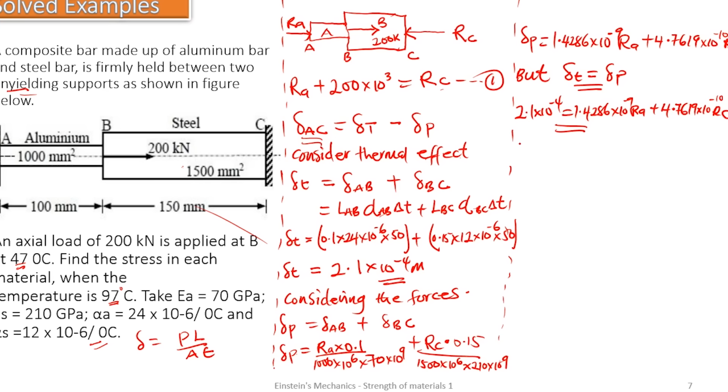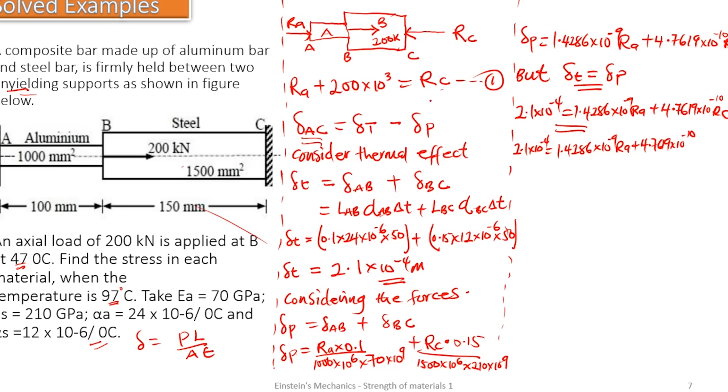So I will still have my 2.1 times 10 to the power -4 equal to 1.4286 times 10 to the power -9 RA plus 4.7619 times 10 to the power -10.